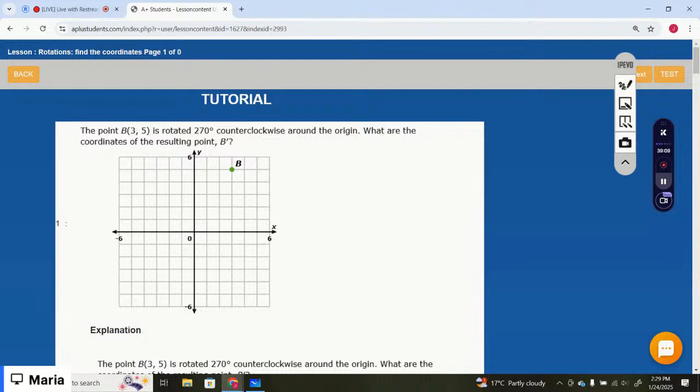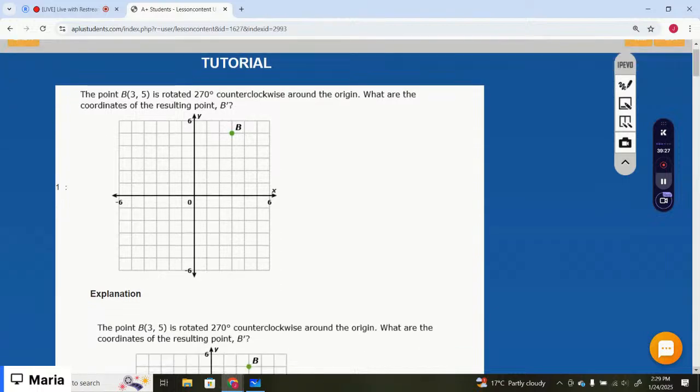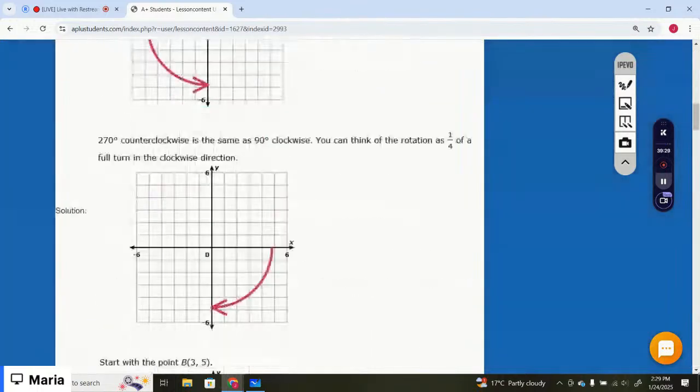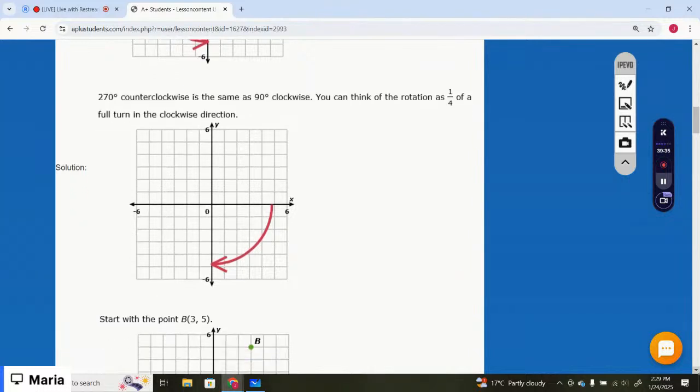What are the coordinates of the resulting point B dash? That is 270 degree counterclockwise. So 270 degree counterclockwise is the same as 90 degree clockwise, right?